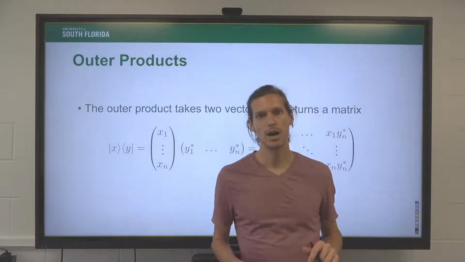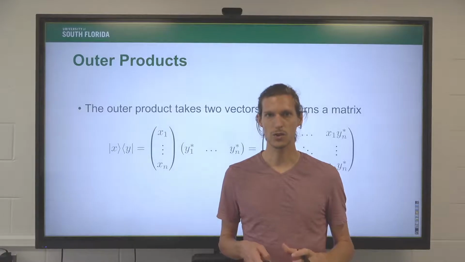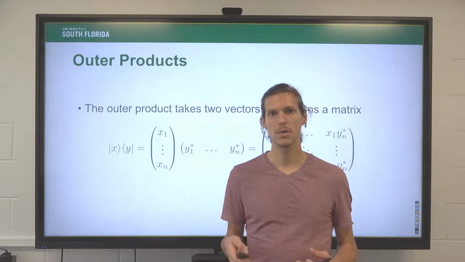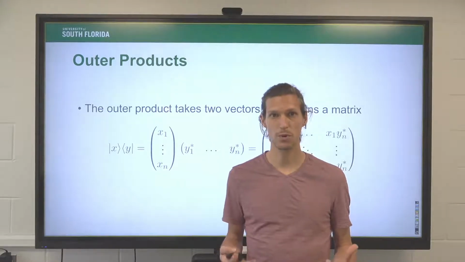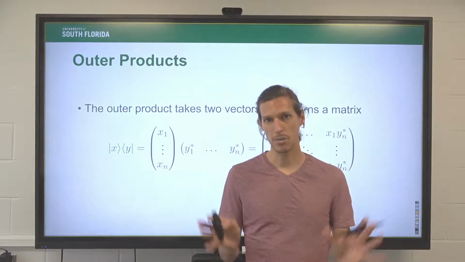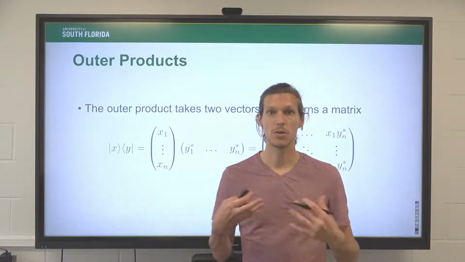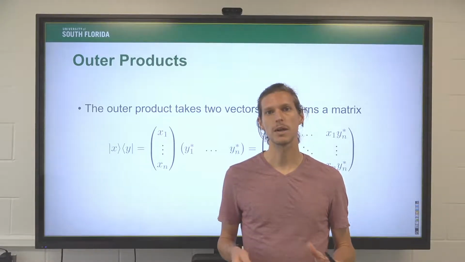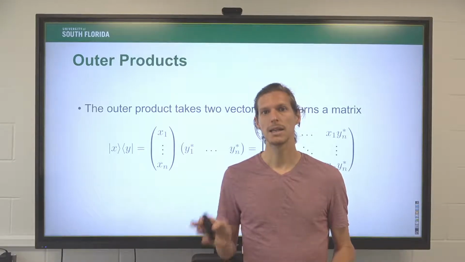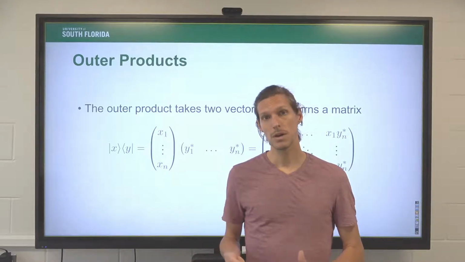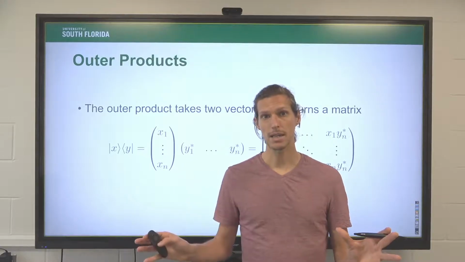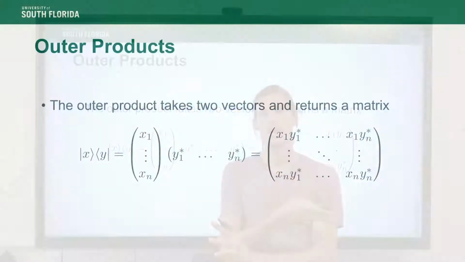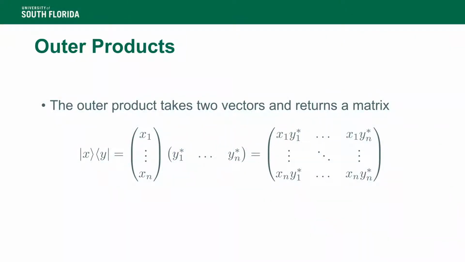We've seen briefly outer products in the lecture dedicated to vectors, and now we'll go back to it because this will have a lot of importance for projection operators. An outer product is also a matrix multiplication, and the result is also a matrix. Here we assume that we want to multiply two vectors, a bra and a ket. The inner product was the matrix multiplication of the bra by the ket. The outer product is going to be the matrix multiplication of the ket by the bra.